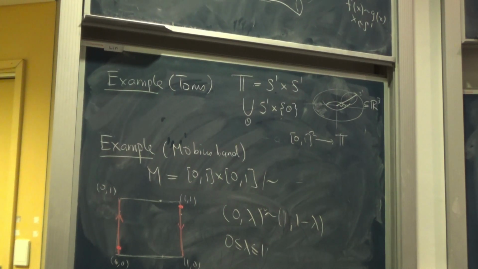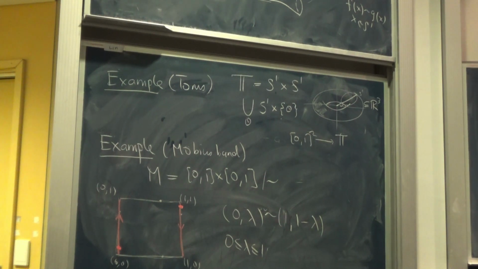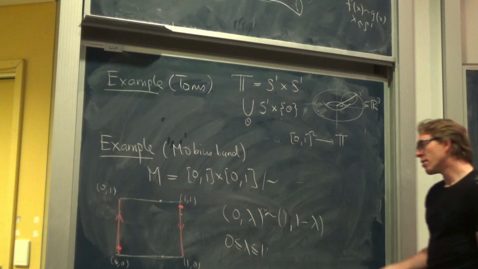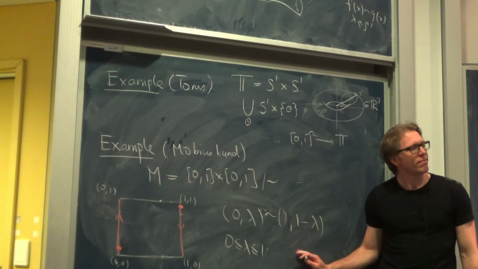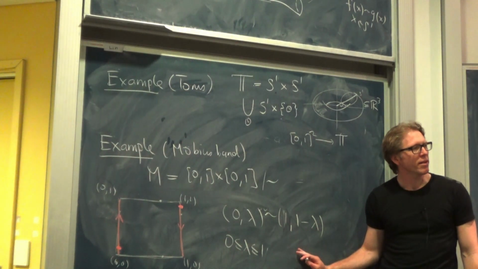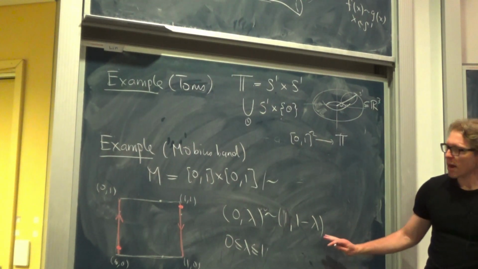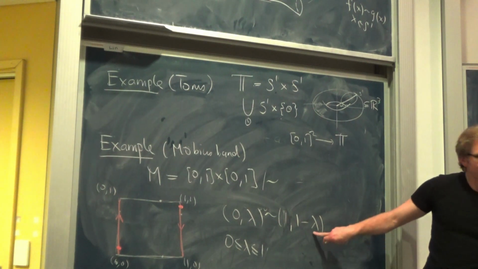Any other questions so far? Equivalence relation had to be linear, like one had to be 1 minus lambda rather than... Yeah, no particular significance about that. It's a good question though.